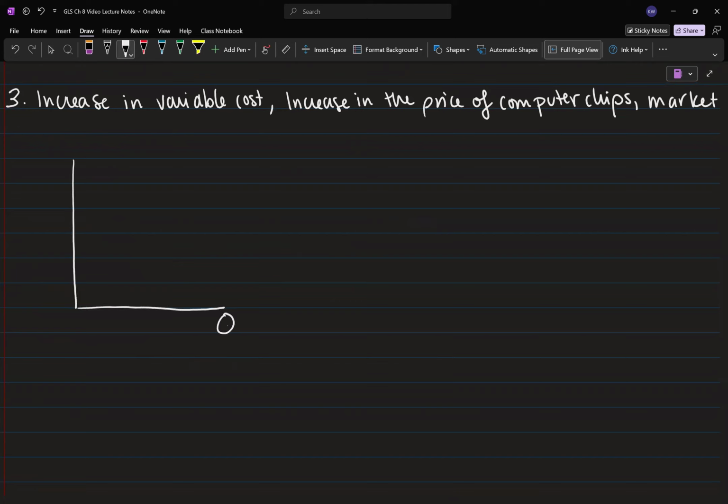And to do that, again, we're going to start the same way by drawing our market in long run equilibrium with the assumption that all firms in the market are identical. So we have our representative firm.